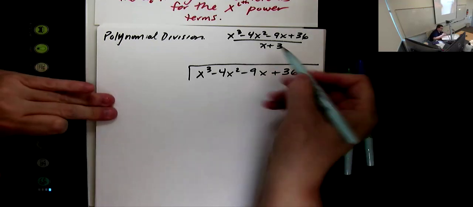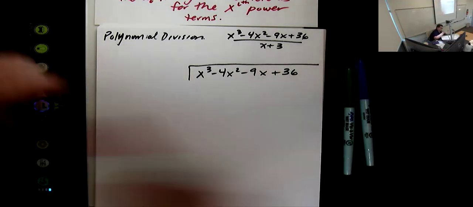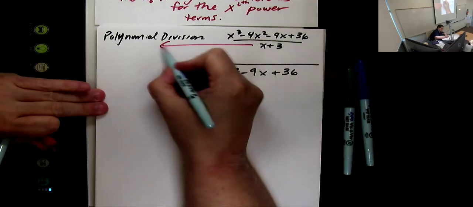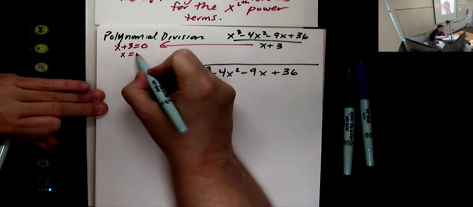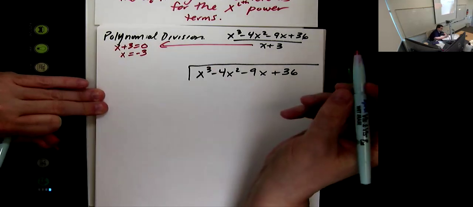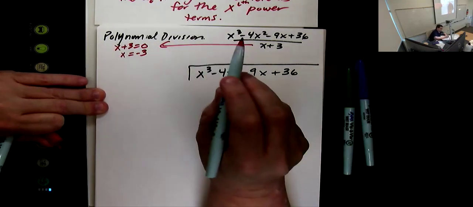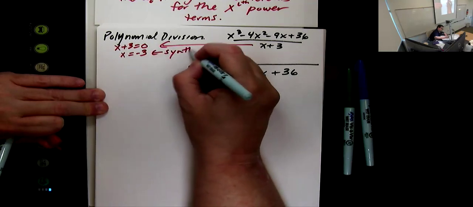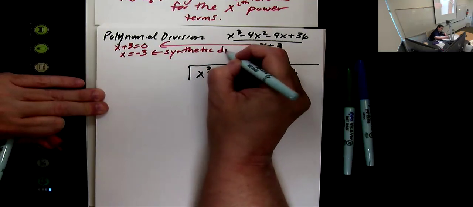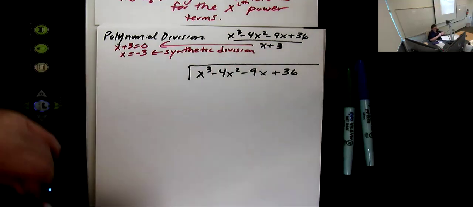What we divide by, I'm going to take this x plus 3 and set it equal to 0, and we get x equals -3. We're not doing that here. This is what we'll do in synthetic division. What we're doing here, we're just gonna use the x plus 2. I got ahead of myself.